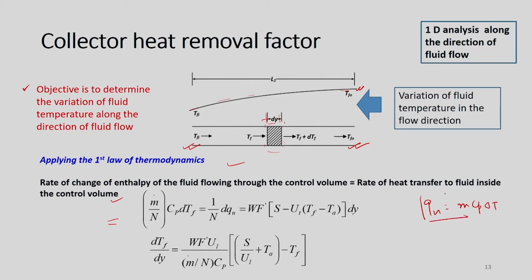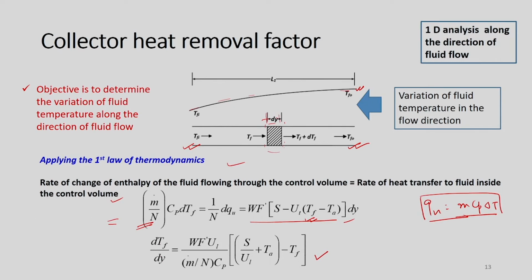Since we are dealing with n number of tubes attached in a flat plate collector, n has to be considered here, and this QU we represent in terms of TF. So, our expression will be something like this. So, we can write dTF by dy will be something like this.